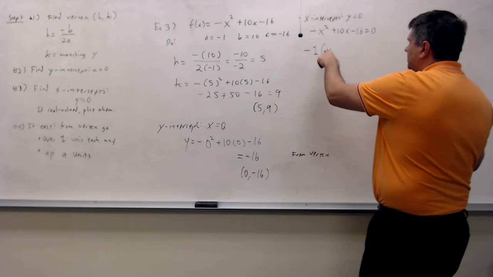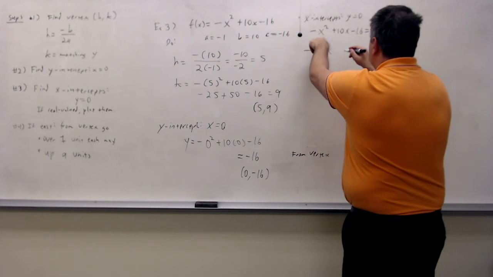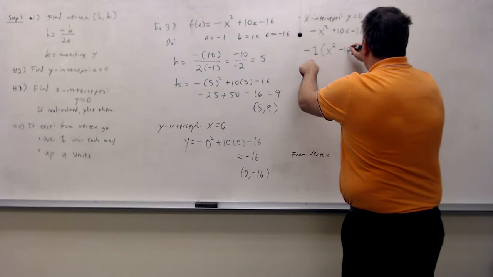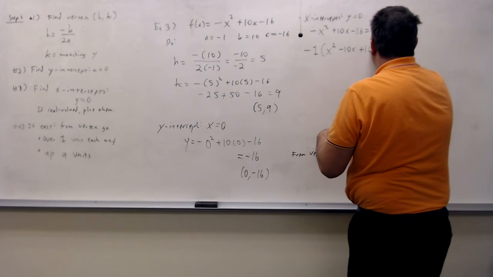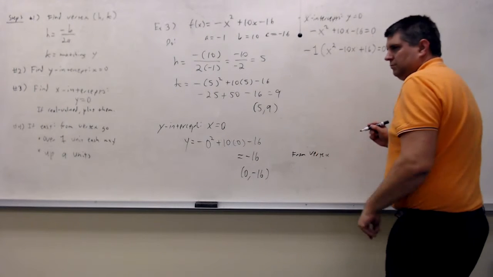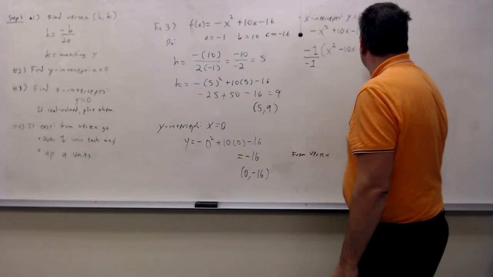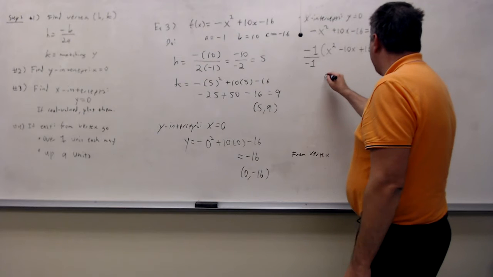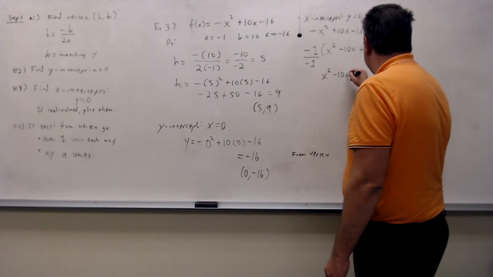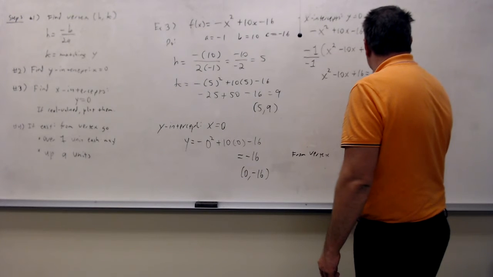The division by -1 leaves a positive x squared, a negative 10x, and a positive 16. I will then divide off that -1. So I have x squared minus 10x plus 16 is 0.